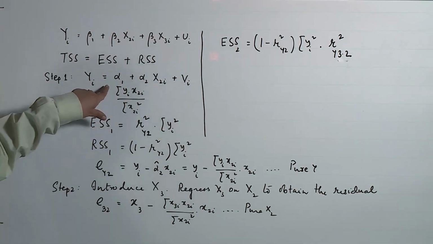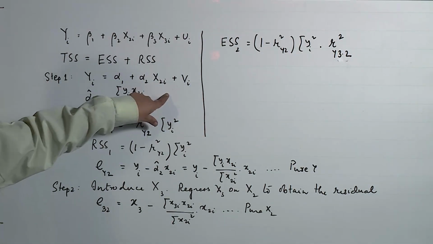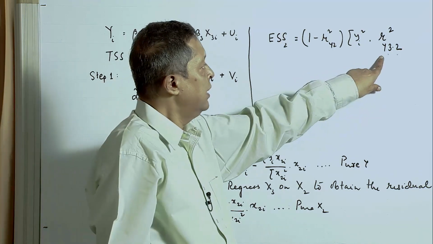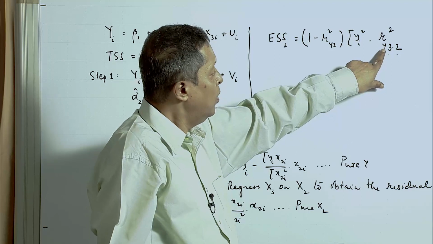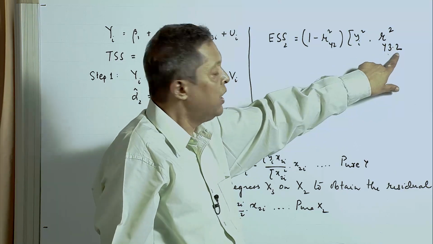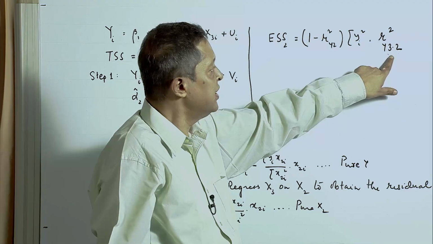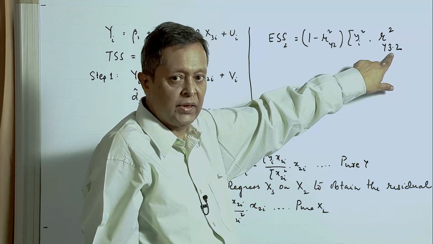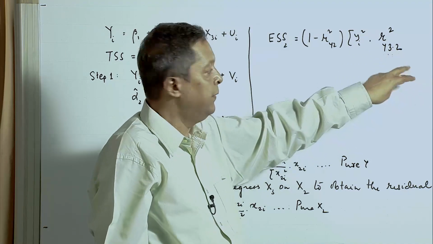First we had introduced x2 and then we had introduced x3. So, this is r square of y on 3 purged of the effect of 2.